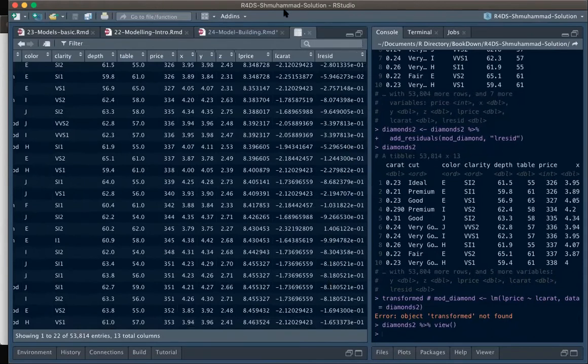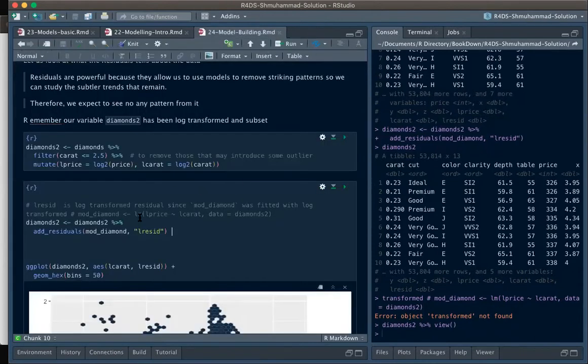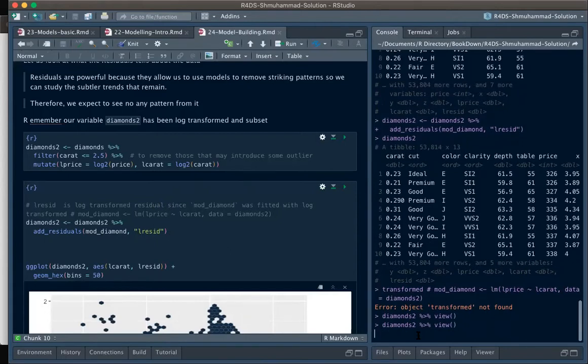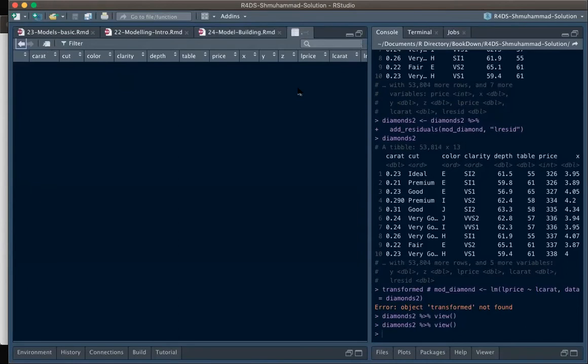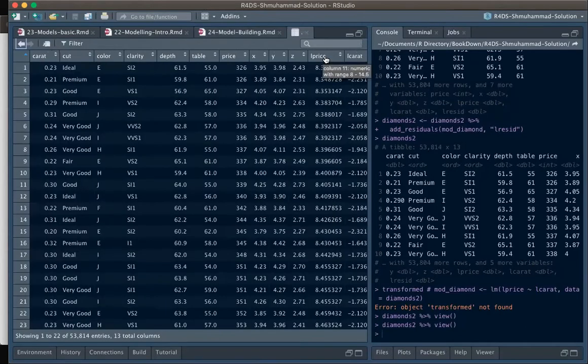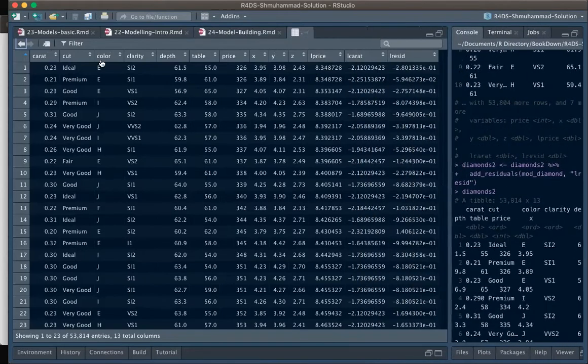Could you bring that back up again? Right. What is happening is diamond2 previously has some properties that we already added. If you look at it here, we have log price and log carat, right? And now what we added is log residuals.